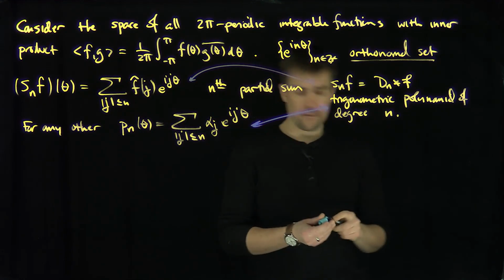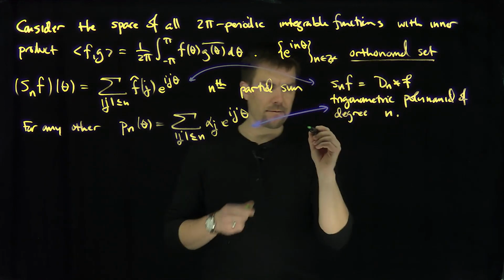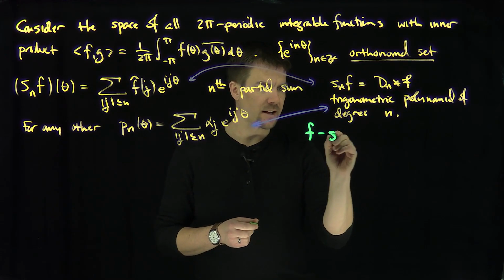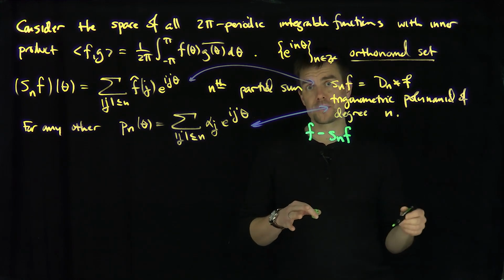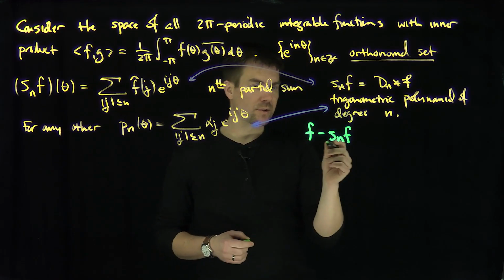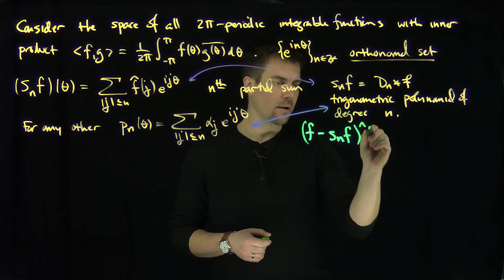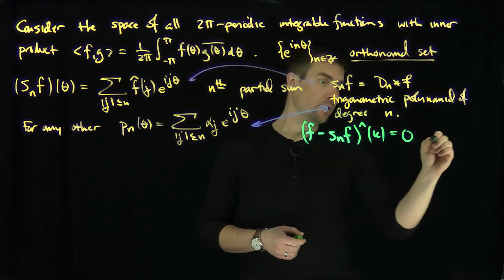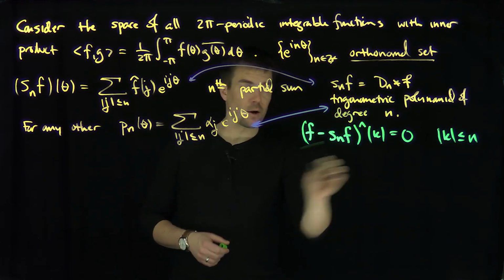And so now what can I say? If I consider the difference of my function and the partial sums, notice that f minus S n of f has no modes or no frequencies or no terms in our expansion that are between negative n and n. So the hat of this thing at k is equal to 0 if k is less than or equal to n, because I just cancel out all the coefficients.